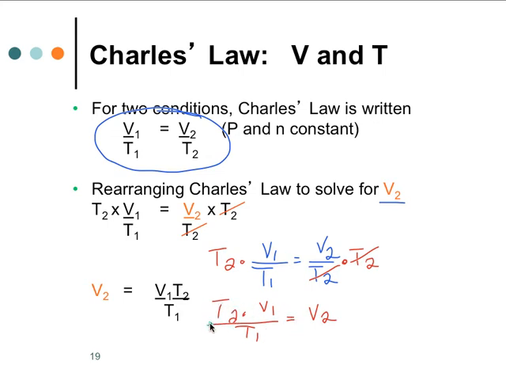To get T2 by itself, I'm going to have to multiply both sides by T1, and divide both sides by V1. The V1 cancels out, the T1s cancel out. Charles's law solved for T2 is T2 is equal to V2 times T1 over V1. Make sure that you can do that.